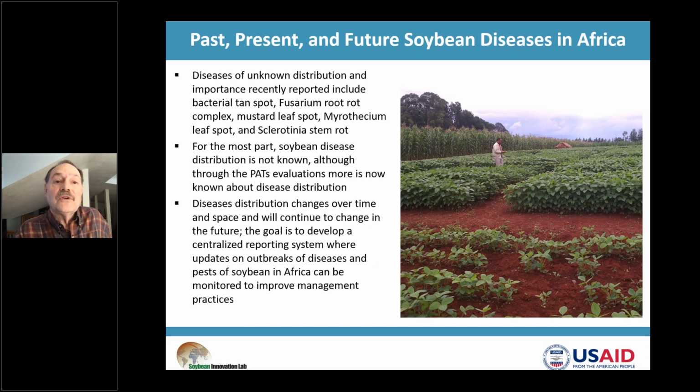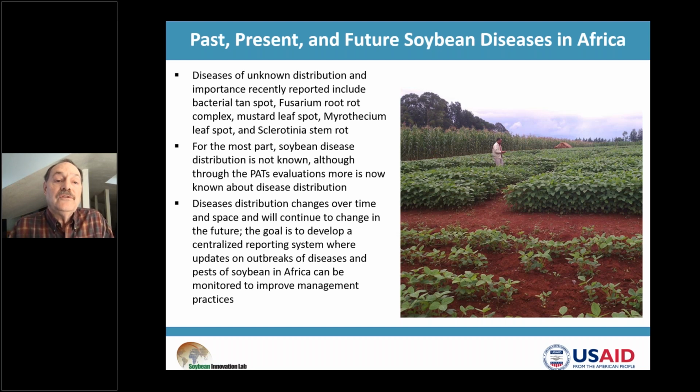Based on our research visits to the Pan-African trials, like the one in Jimma, Ethiopia to the right, we have found a number of diseases that are unknown in distribution and importance in Africa. So we don't know if a disease we find in Ghana, for example, this Myrothecium leaf spot, and others listed are important in other countries as well. Through these Pan-African trials, we are learning more about what diseases occur in a range of geographic areas and environments.